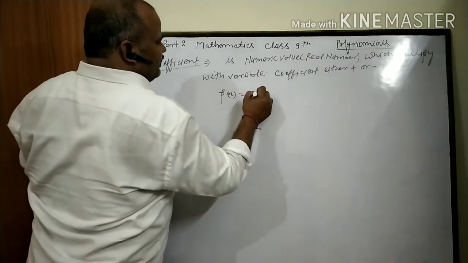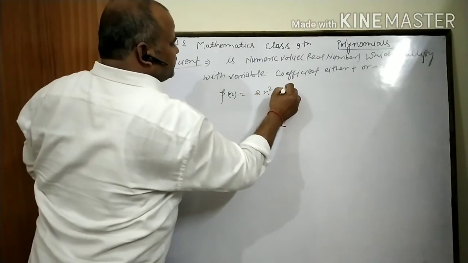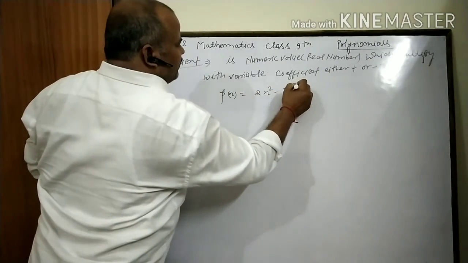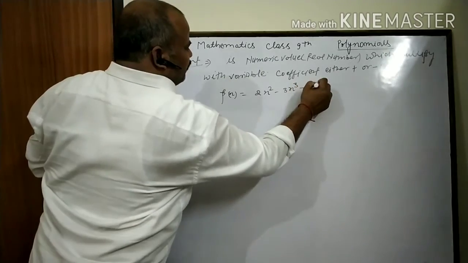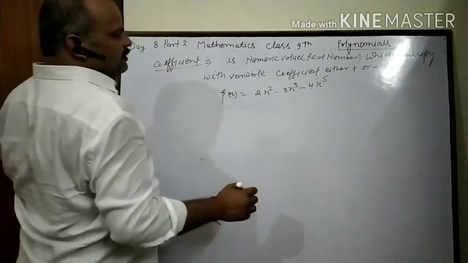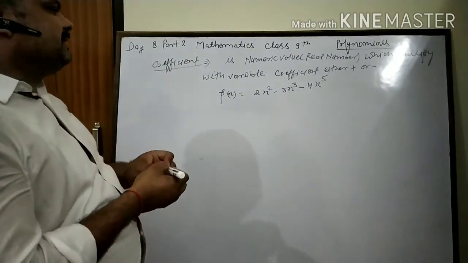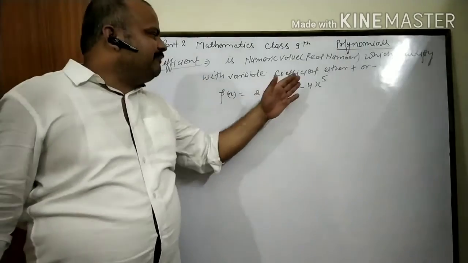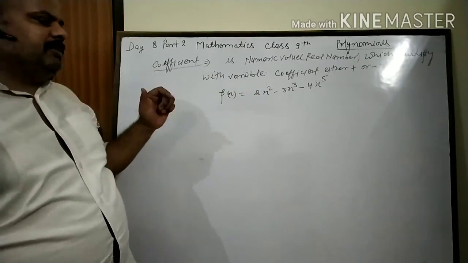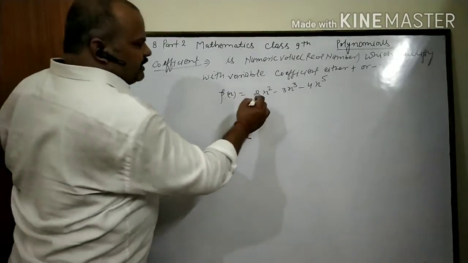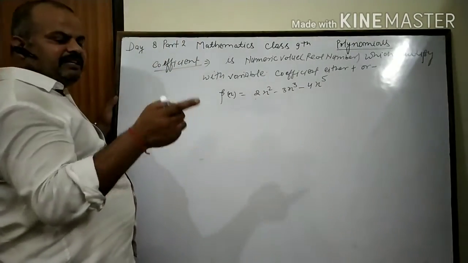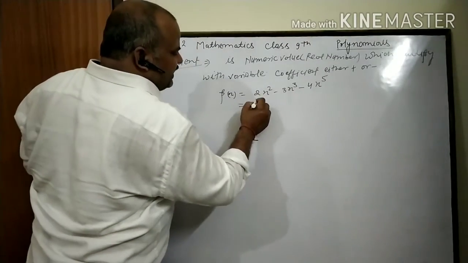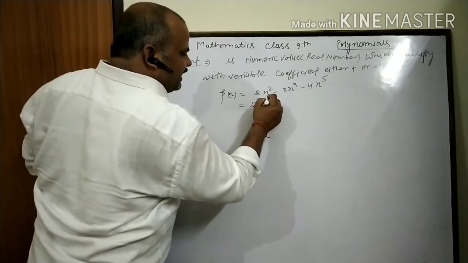Suppose here px is a polynomial 2x square minus 3x to the power 3 minus 4x to the power 5. Clear? And it is asked what is the coefficient of the highest power of the given variable. Then first of all you write this polynomial in standard form. In the standard form you know that only plus signs are used.